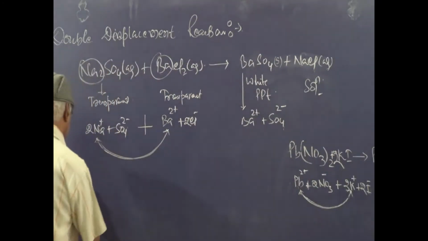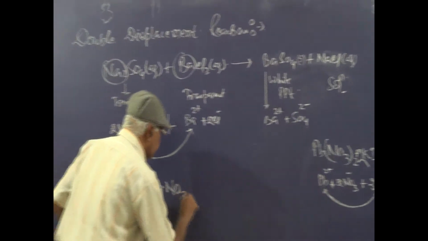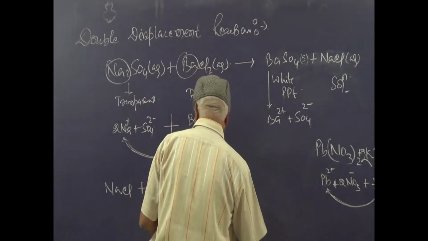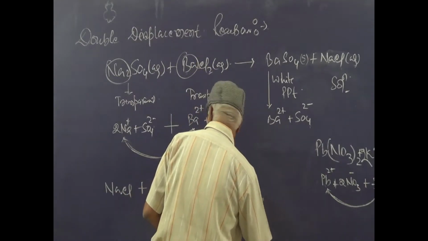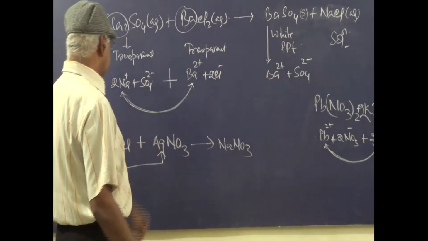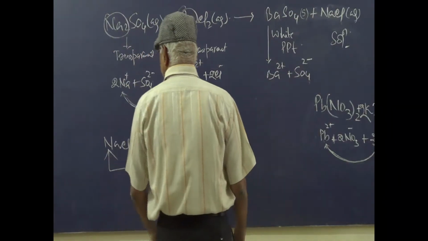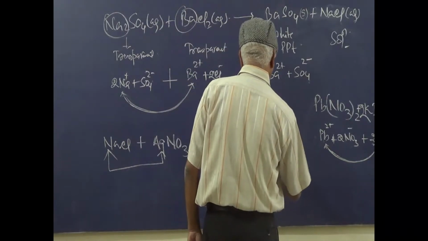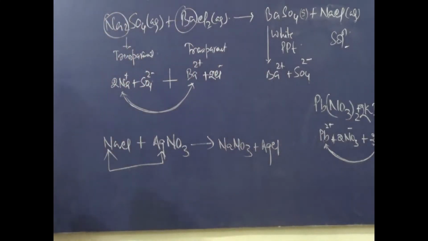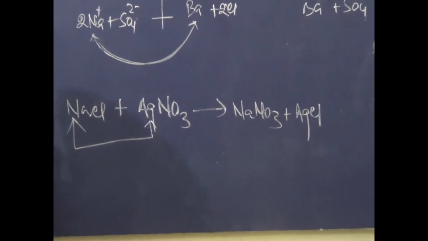See, another third example: sodium chloride NaCl plus silver nitrate AgNO3 gives NaNO3, sodium nitrate, and AgCl. AgCl will be formed. Again, this is another example of a double displacement reaction, which is not in your book. Now we have given you the additional one.